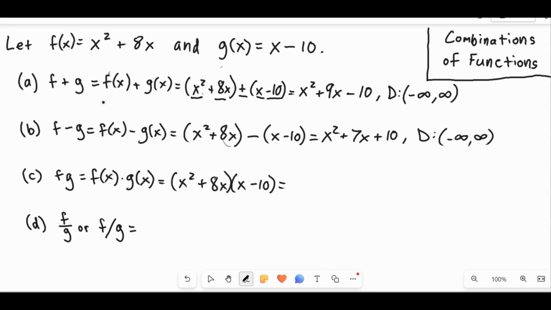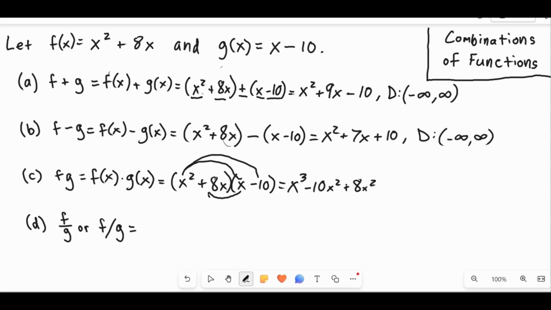And in order to multiply it, we're going to have to distribute. So we're going to have x squared times x, which is x to the third power. Then we'll have x squared times negative 10, which is minus 10x squared. Then we'll have 8x times x, which is positive 8x squared.